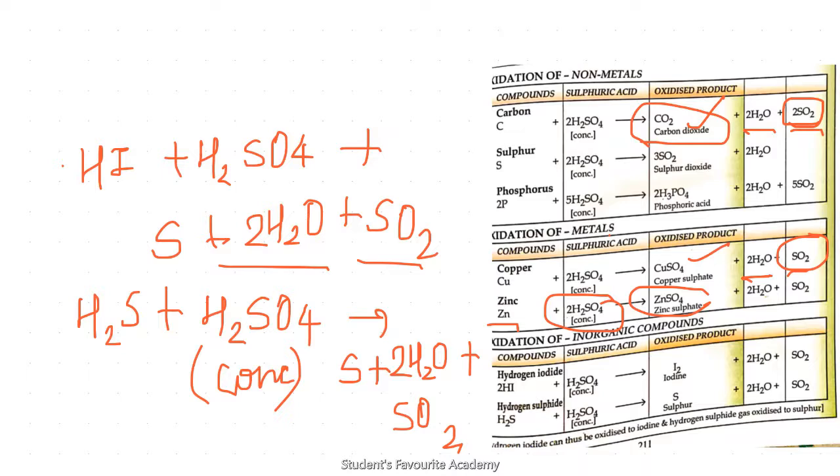If it is an inorganic compound, sulfur is being liberated. Whatever the compound is, apart from the hydrogen, that particular element is being liberated, not replaced. So this is what happens when we react concentrated sulfuric acid with different substances, and this is the way sulfuric acid acts as an oxidizing agent.